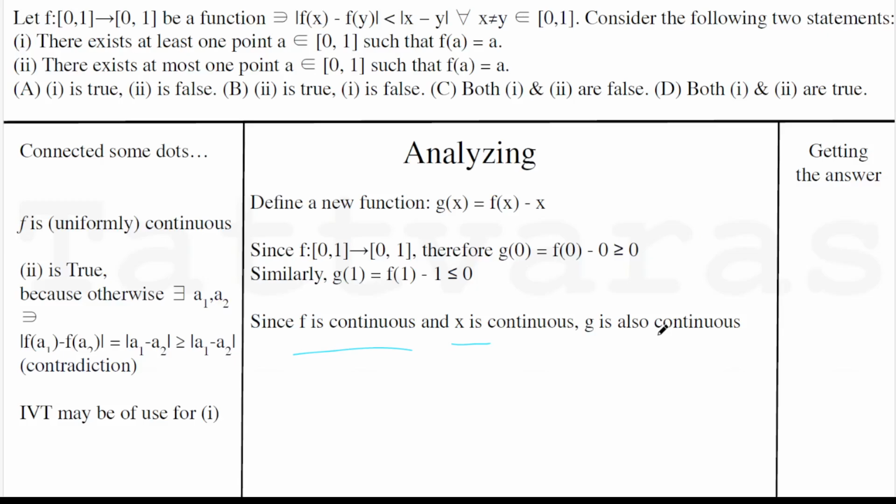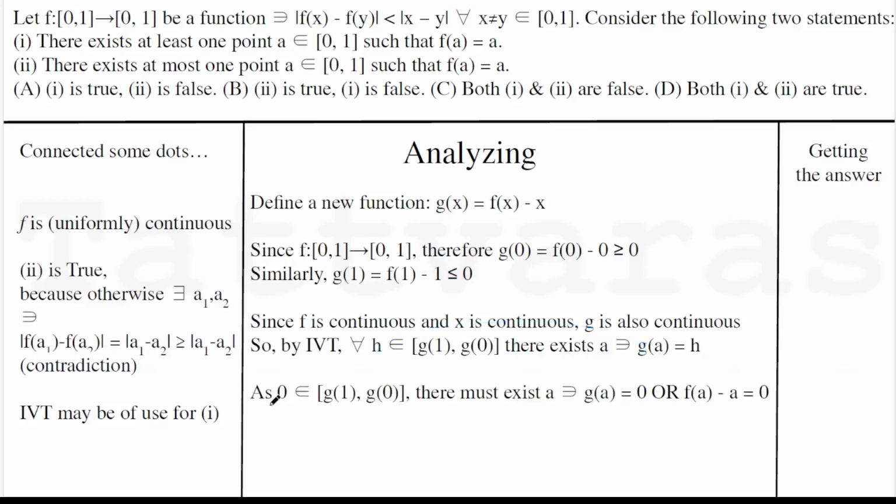So the difference of two functions, g, is continuous, and the intermediate value theorem can be used for g, which means that for any value inside the range that g can take, you would get a pre-image, a point A such that g(A) is that value. With that, I think you know where this is going.